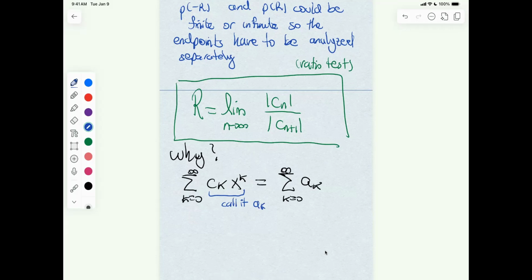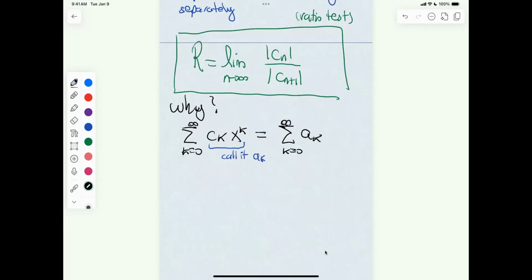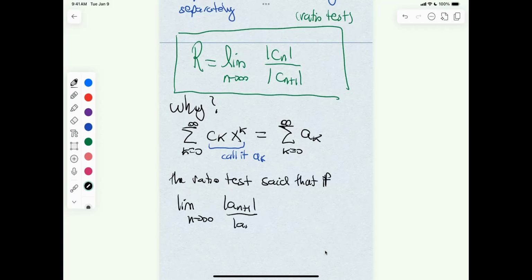That this sum is finite provided the limit of the ratios was less than 1. If you remember the ratio test, 1 is the key number. If the limit of a sub n plus 1 divided by a sub n is strictly less than 1, then the series was finite, right?